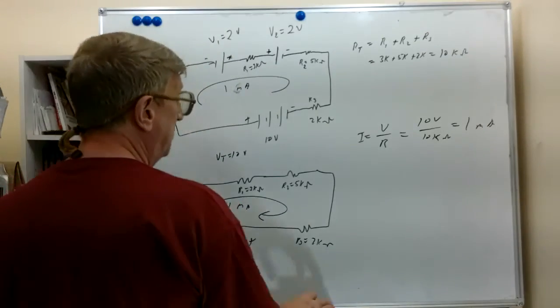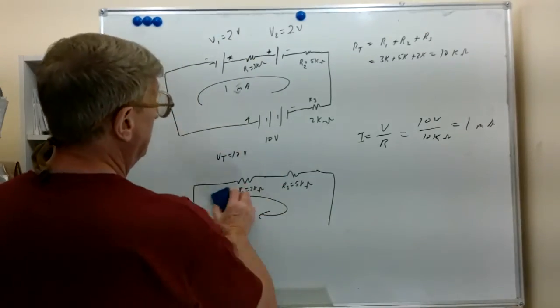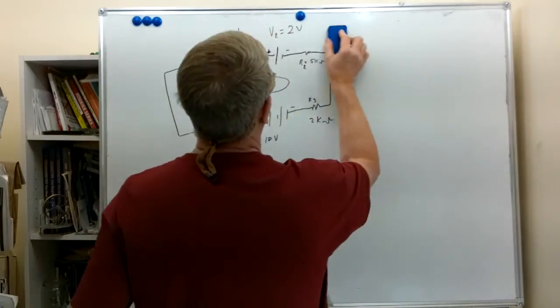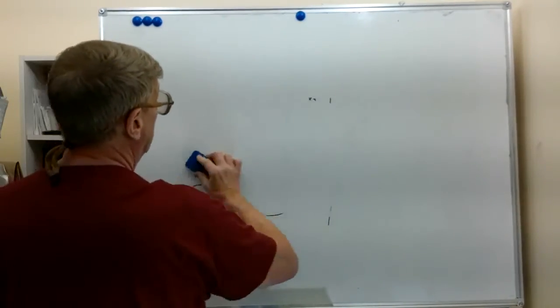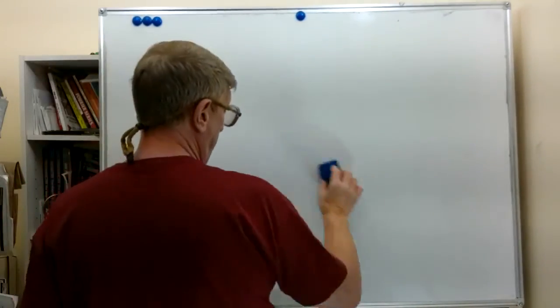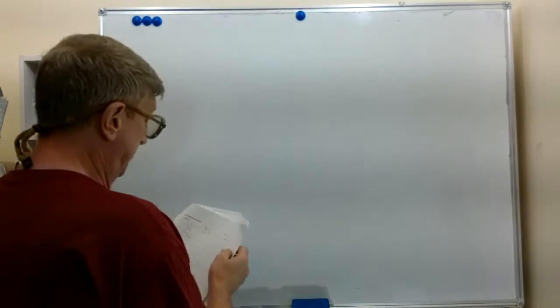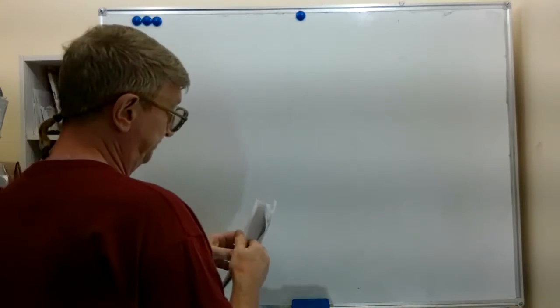So let's think about what happens if we have problems with a series circuit. We'll draw a little series circuit and we'll talk about what can happen when it doesn't work correctly.